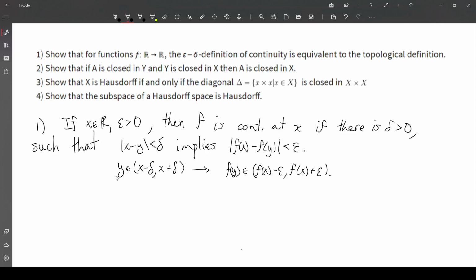So points that are close to x have images which are close to f of x with arbitrary precision.